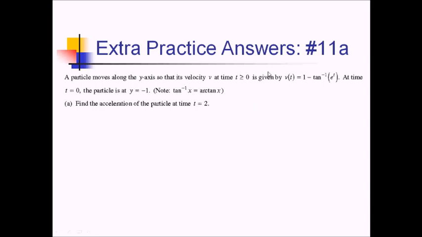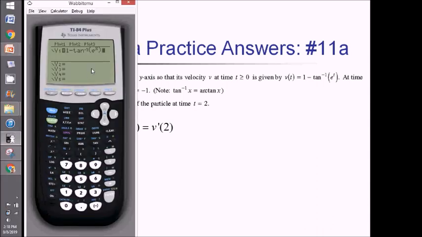So we can say that A of 2 is really just V prime of 2, which we are now going to find on the calculator. So the first thing I'm going to do here, I'm actually going to enter this velocity function in my y equals. I generally always do this on the calculator parts of an AP exam, so then I can just use y1 instead of retyping this over and over again.